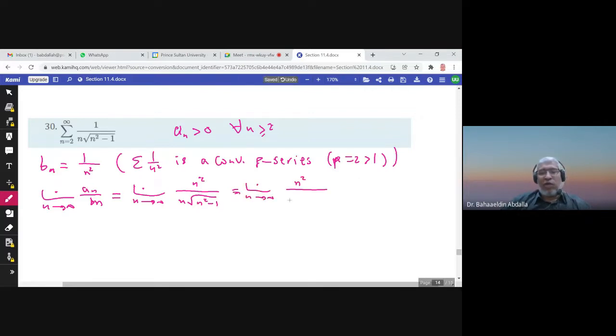We deal with terms with the highest power, and n is positive. It is 1, greater than 0. So by limit comparison test, summation an also converges.